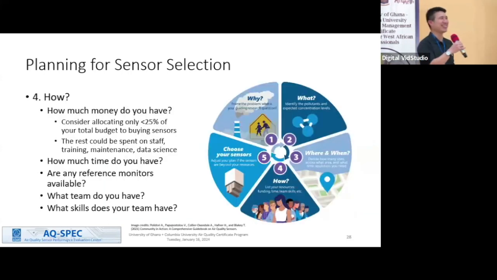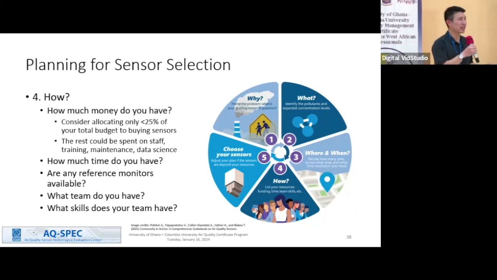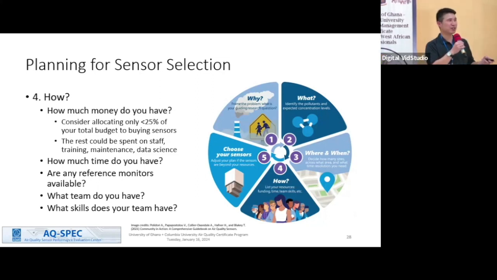Okay. And then how? So this is a tough one. Money is often a very limiting constraint on these projects. And although it's tempting to go straight into, okay, I have this much money, let me spend it all on sensors, the reality is that maybe you should use less than a quarter of your budget on sensors.